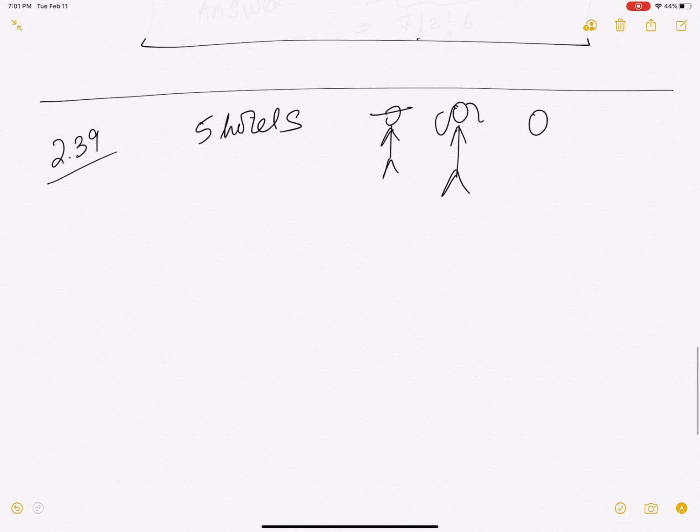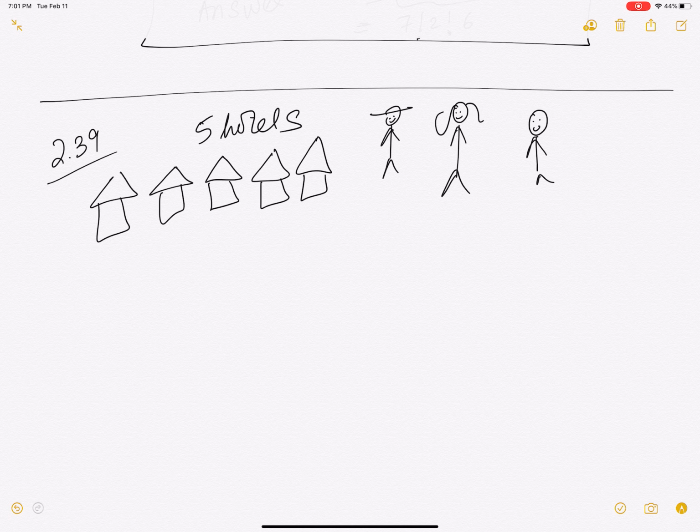And here's a bald guy. They're going to go to this town and randomly pick one of the 5 hotels. The question says, what's the probability that all 3 end up in different hotels?